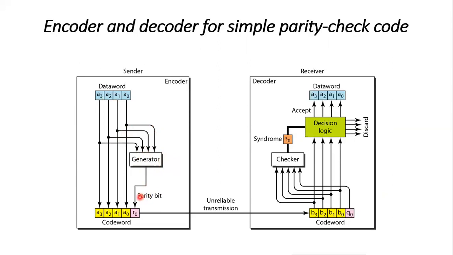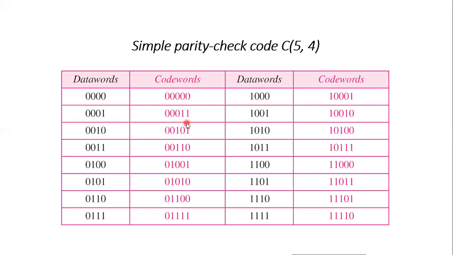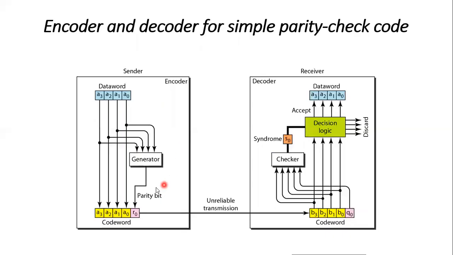Then the parity bit is added to the data word, which becomes the code word. And then it is transmitted through the transmission medium.